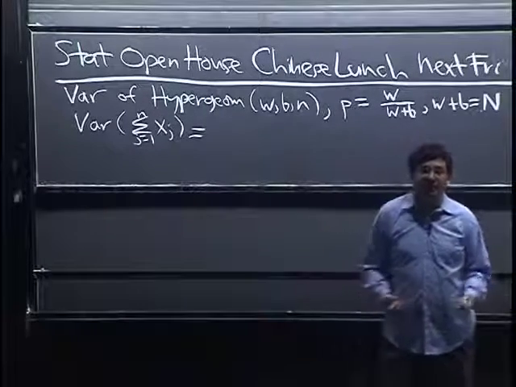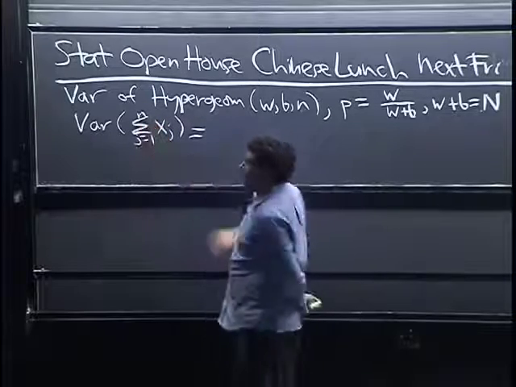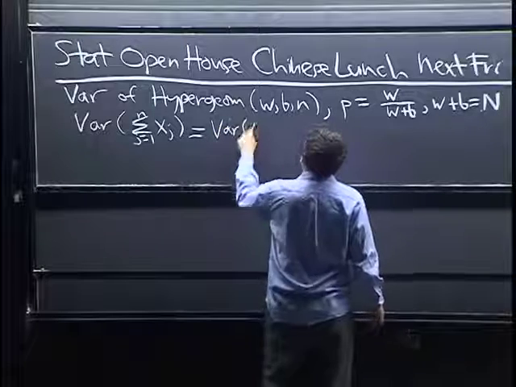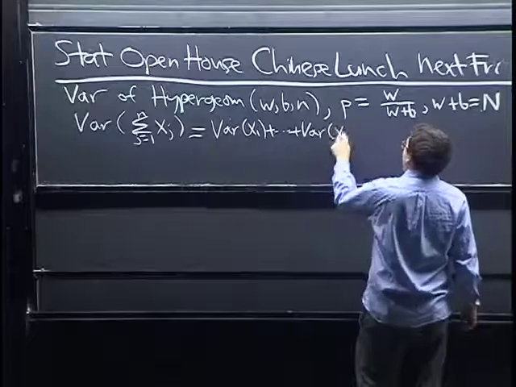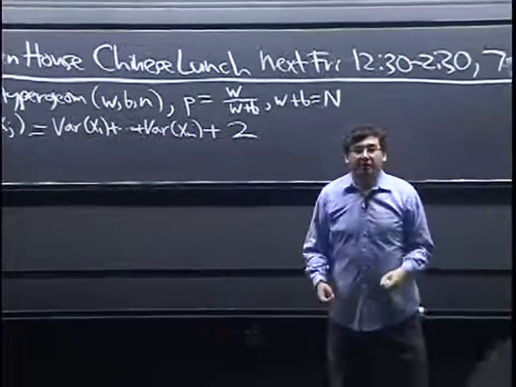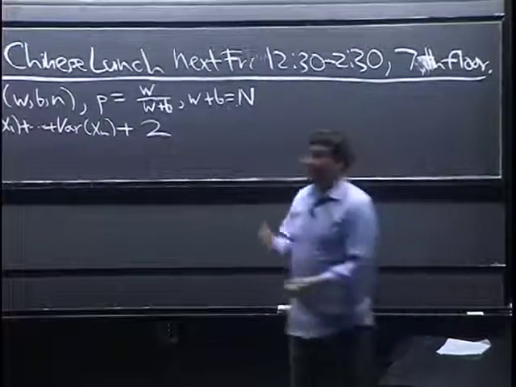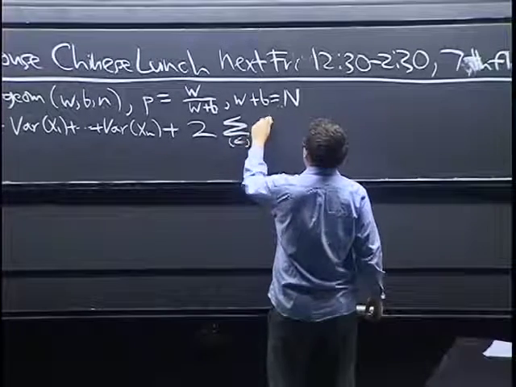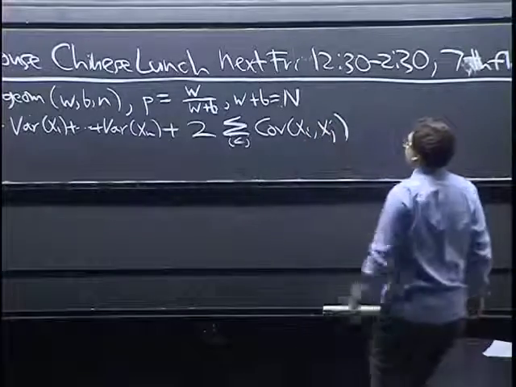If they're independent, you don't have to worry about the covariances, but in this case they're not independent, so we need the covariance terms. So really this is just going to be variance of X1 plus blah, blah, blah, plus variance of Xn, and then all the covariances. And sorry, I'll put 2 because I'm grouping covariance of X1 and X2 with covariance of X2 and X1, group them together. So 2 times the sum over all i less than j of covariance of Xi, Xj.